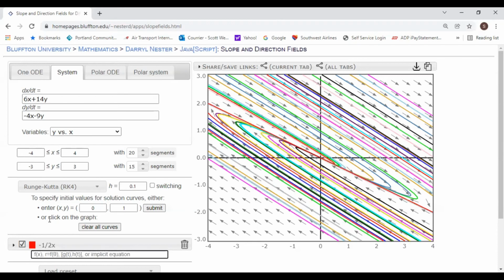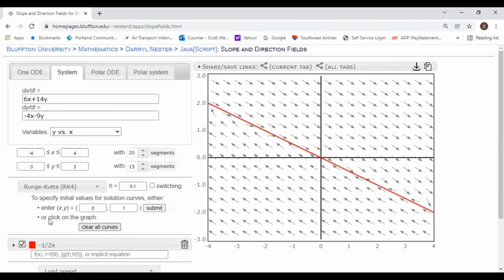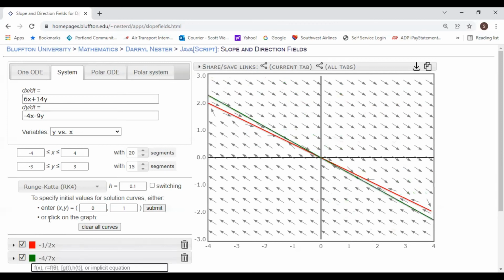Let me clear all my other curves. That represents the x1, and then -4/7 x represents the other one.